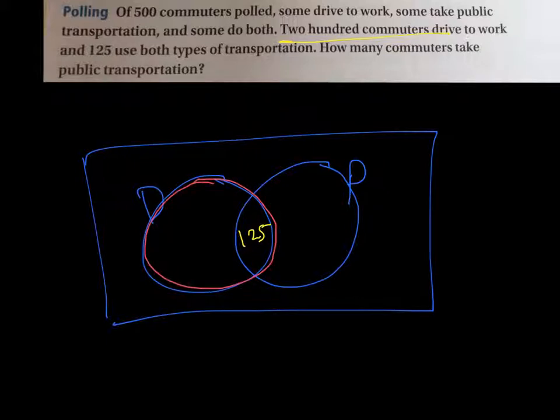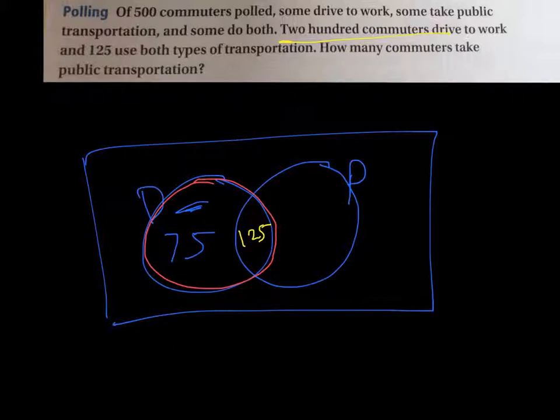So that 200 includes that 125. So how many are just out here in the circle by themselves? Well, 200 minus 125 is 75, right? So we have 75 that just drive, 125 that do both. So that's 200 total that drive.